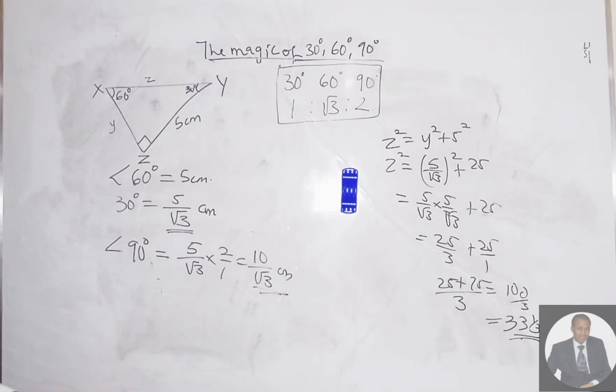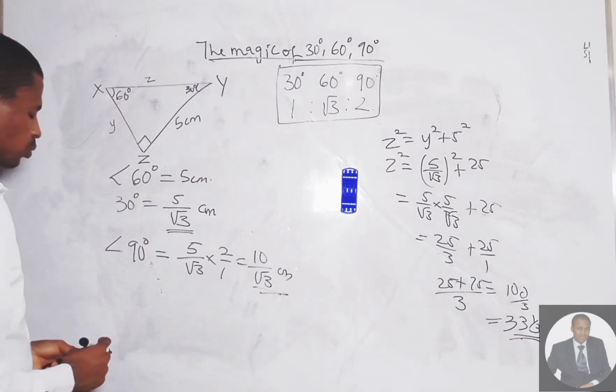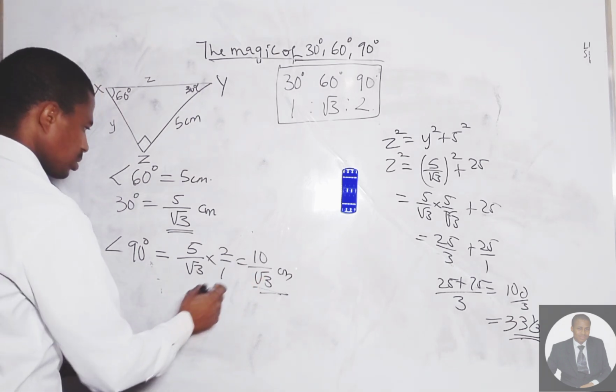Now 10 over root 3, what will it give us? It will give us the same thing.